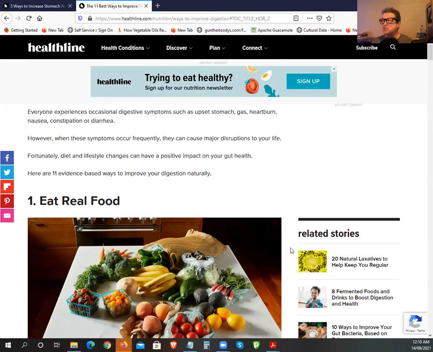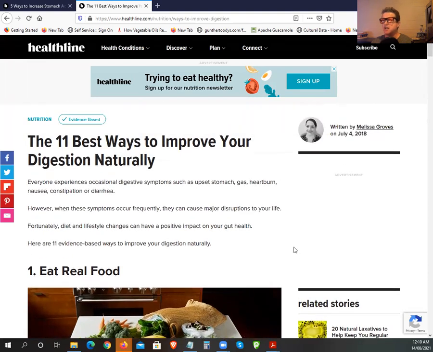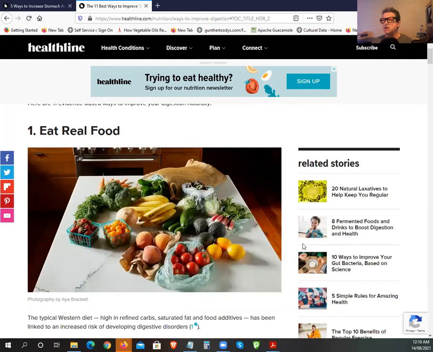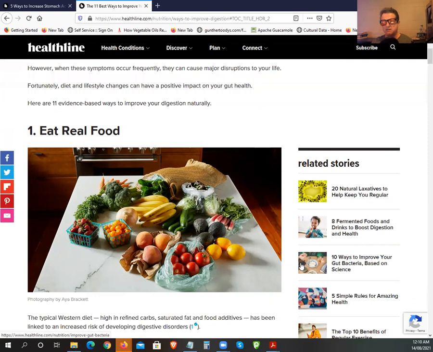It's just the same motherhood statements. 11 best ways to improve your digestion naturally. Eat real food. Where's the steak? Huh? I don't see a steak there. I see a lot of sugary stuff, a couple of greens, some lemons.